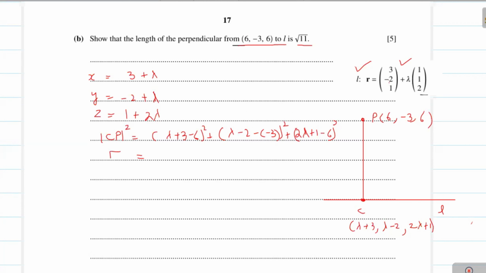And this length CP, we write CP square, and this value is square root of 11 square, so CP square equals (lambda minus 3) whole square plus (lambda minus 5) whole square plus (2 lambda minus 5) whole square. The square root will be cancelled, and this will be equal to 11.